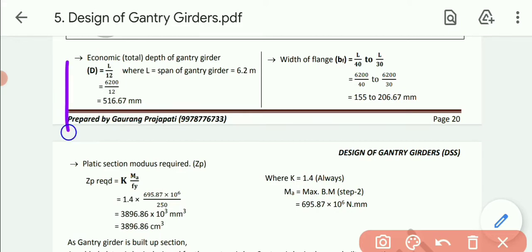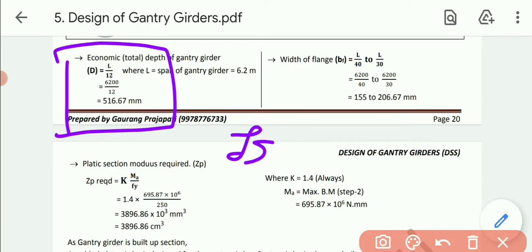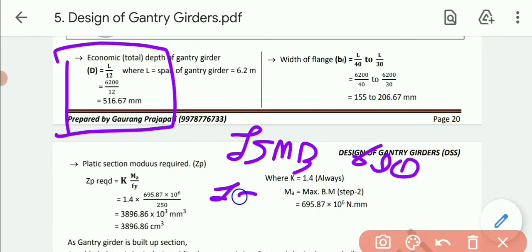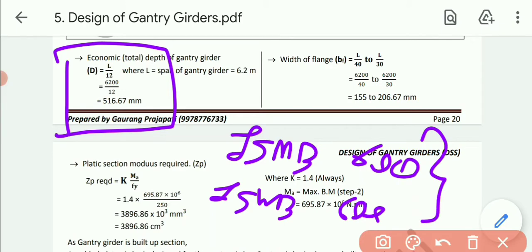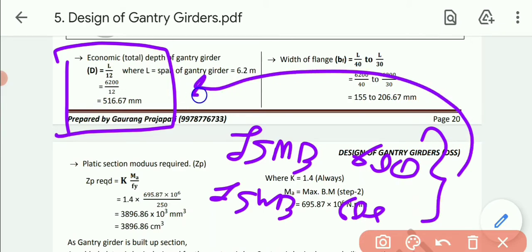Now, as we can see, the depth of the gantry girder is 516. In rolled sections, the maximum dimensions are ISMB 600 and ISWB 600. These are our maximum rolled section depth criteria. Right now our depth requirement is less than 600, yet we cannot select a rolled section as the gantry girder, because theoretically the gantry girder is always a built up section, it is never a rolled section.